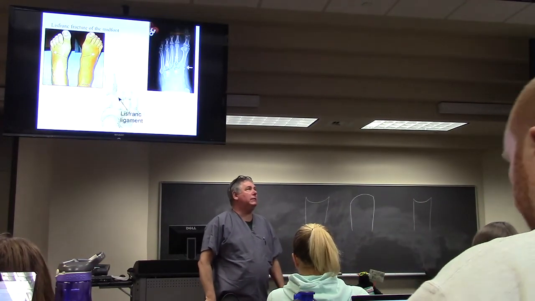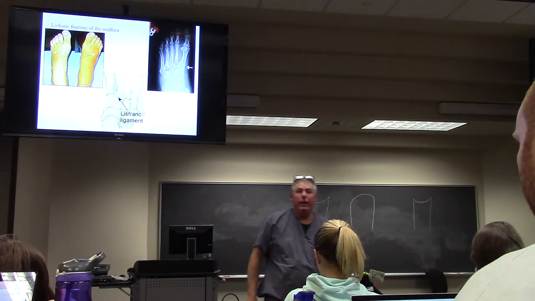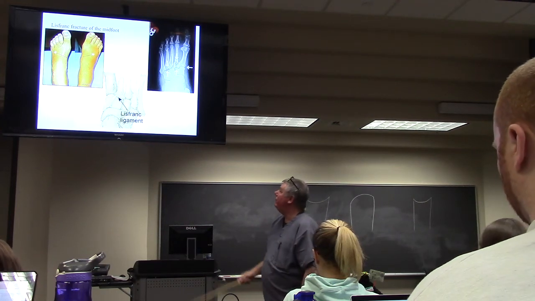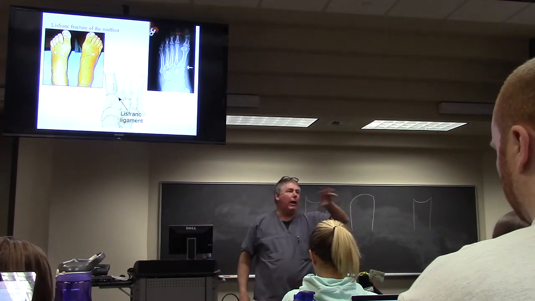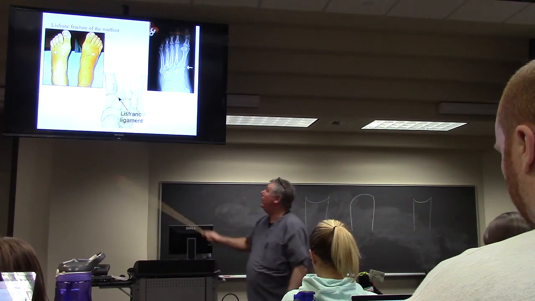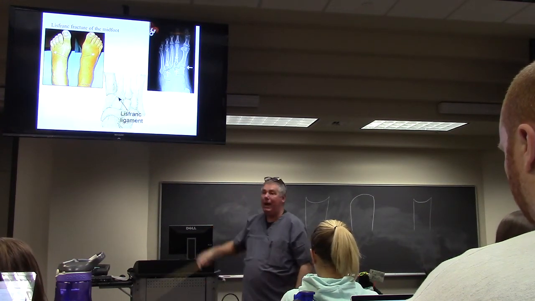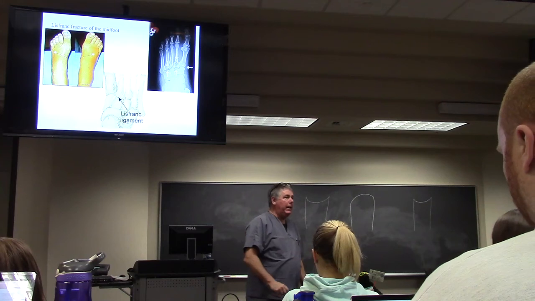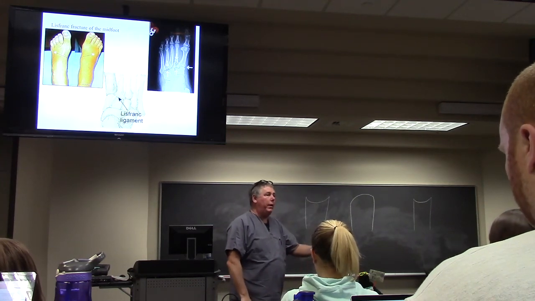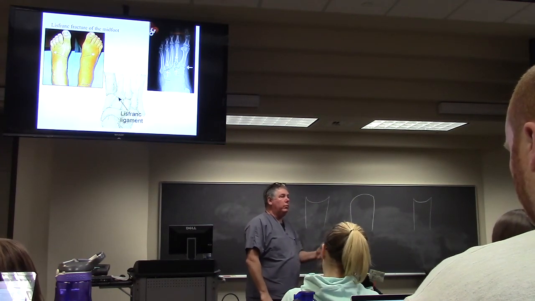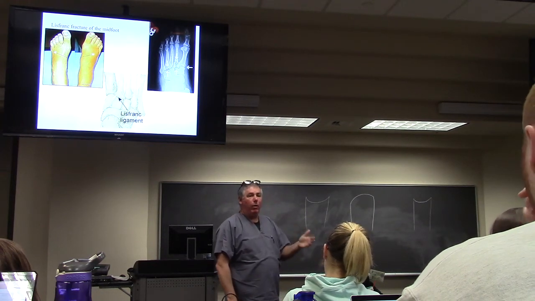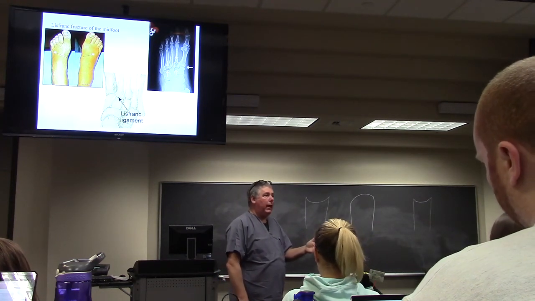This is called a Lisfranc fracture. It's a generalized fracture of the midfoot. Usually it involves some heavy object landing on the midfoot, or a car running over a foot. It's usually not from falling from a height and landing on the feet.